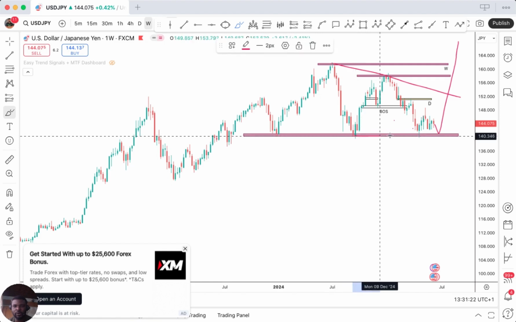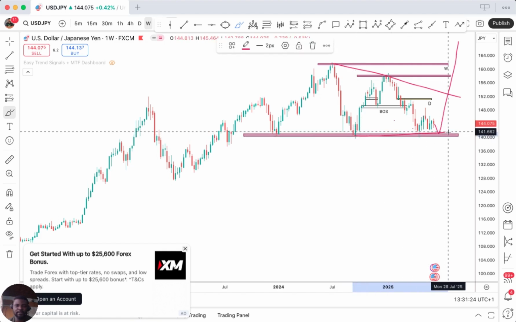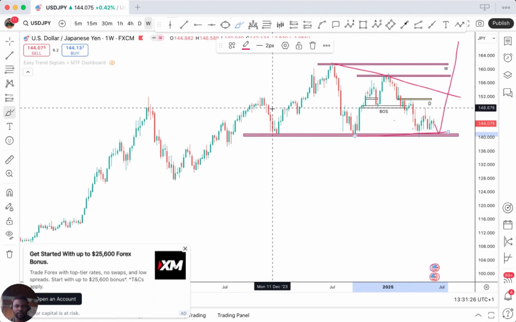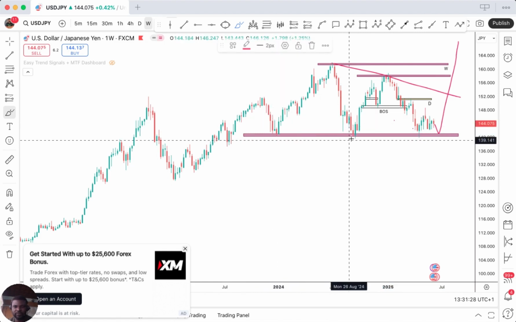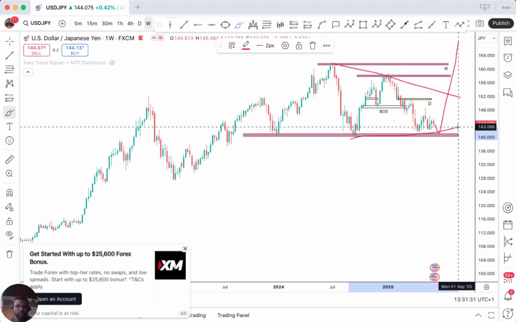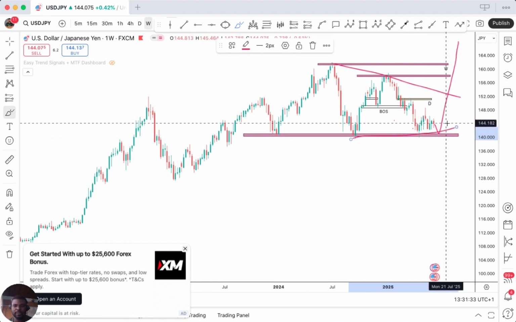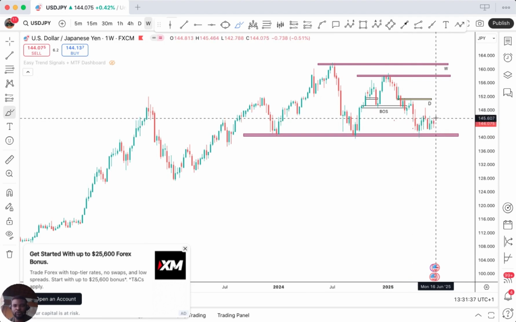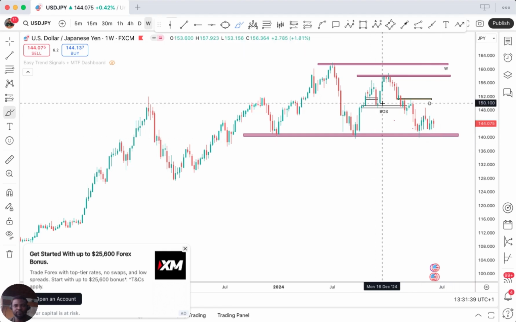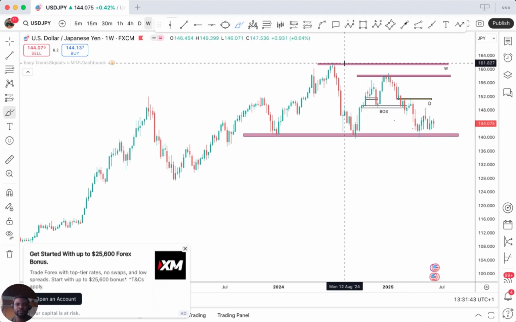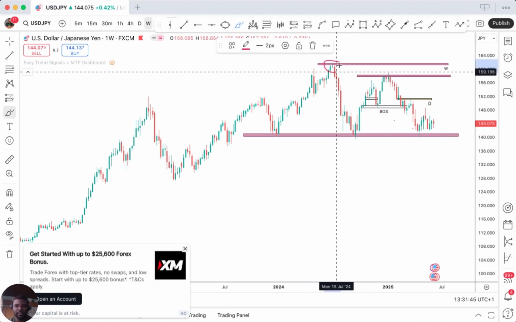Now this is what we call a descending triangle, or we can also call it a symmetrical triangle, because this is in form of a trend, you can see, to the upside. So we can also call it a symmetrical triangle. And at the same time, price could also break through to the downside. If price breaks through to the downside, the market direction has not changed. The reason is because this previous high wasn't taken out.